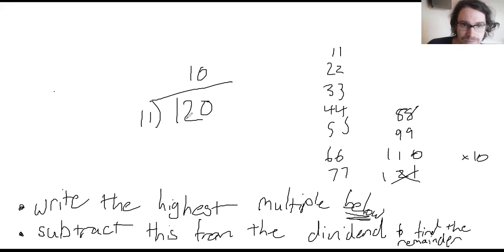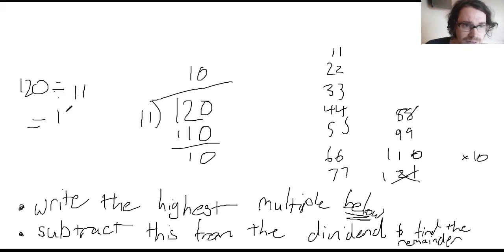Put 10 on top. Write the highest multiple below, 110. Now we'll find the remainder by subtracting this from the dividend. 120 minus 110 is 10. So our answer is 120 divided by 11 equals 10, with a remainder of 10.